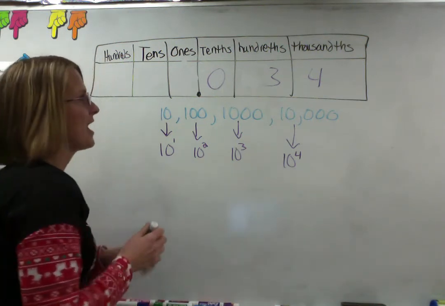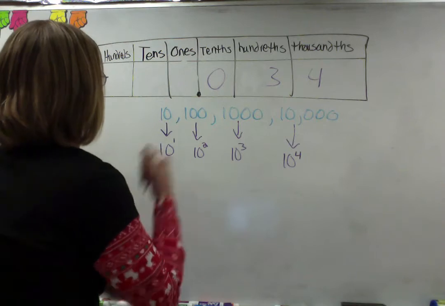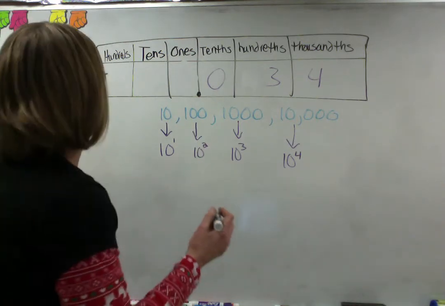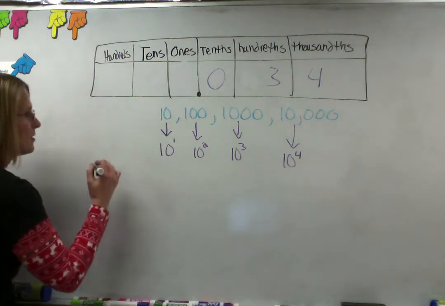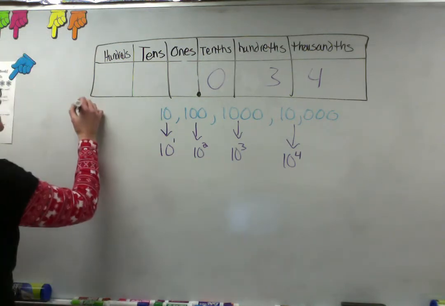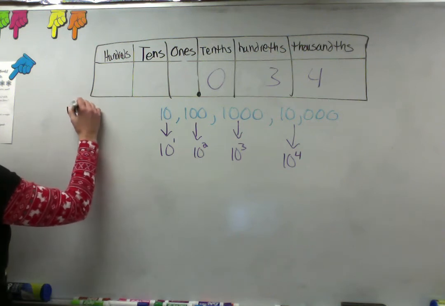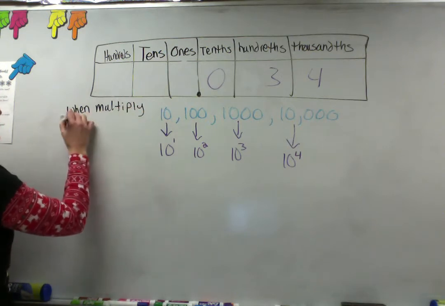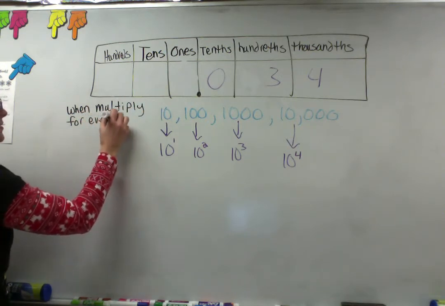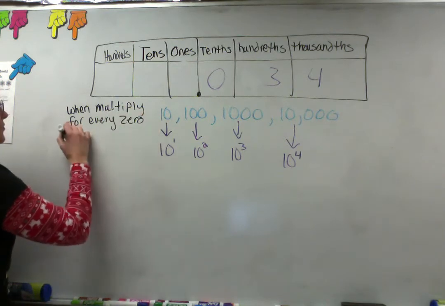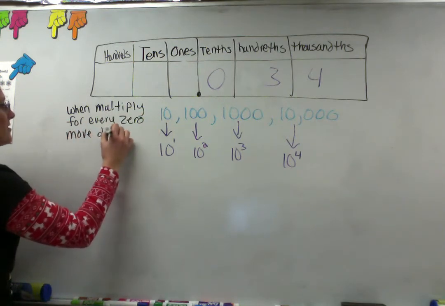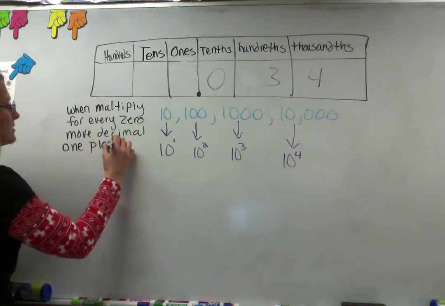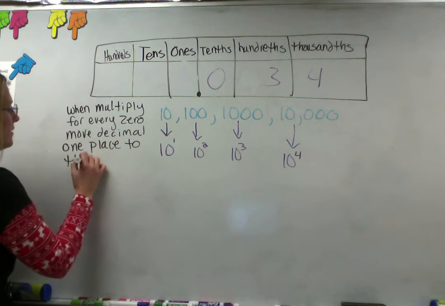So let's say there's a rule. For every zero, you're going to move the decimal. So when you multiply, for every zero, you move the decimal 1 place to the right.